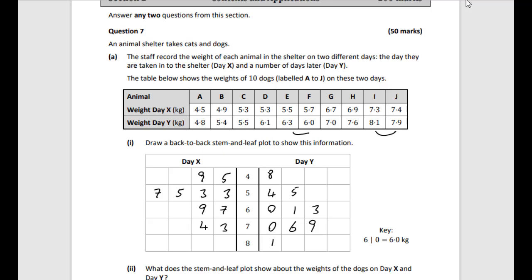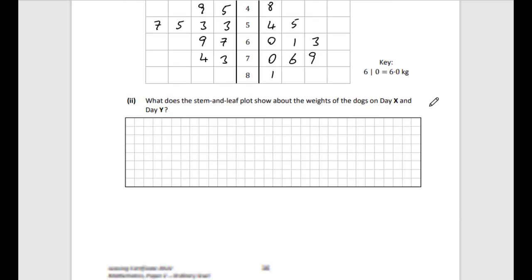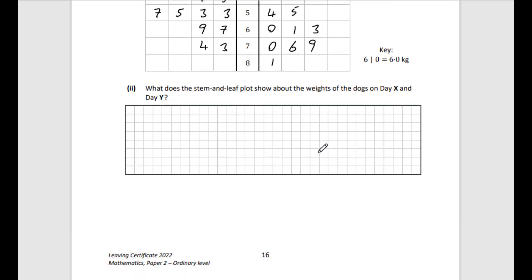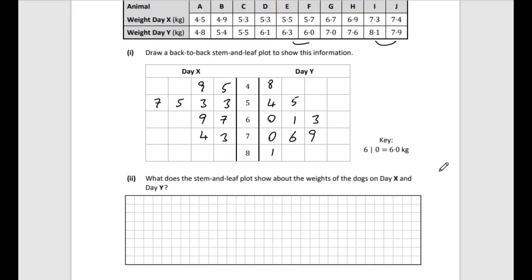So that's our stem and leaf plot, and you can see that the weights do seem to increase after a certain number of days. Okay, so let's move on then. What does the stem and leaf plot show about the weights of the dogs on day X and day Y?